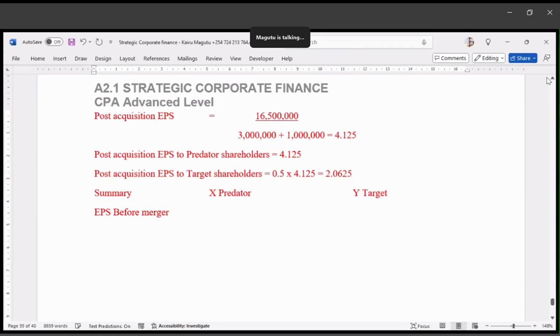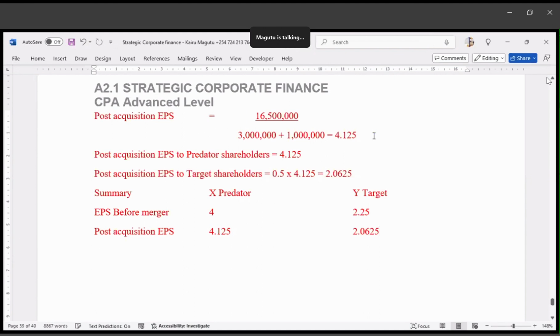This was 4. This one was 2, was it 2.25, I think. Then post-acquisition or post-merger EPS. This one becomes 4.125, while the other one becomes 2.0625.